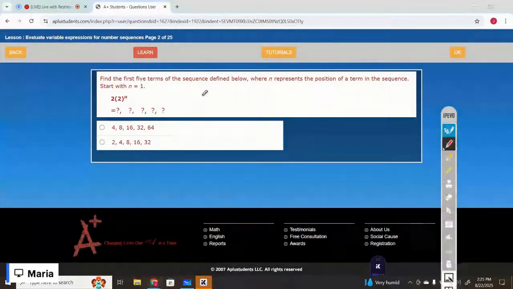Starting with n equals 1: 2 times 2 exponent 1, 2 times 2 is 4. 2 times 2 exponent 2, 2 times 2 is 4 and 4 times 2 is 8.